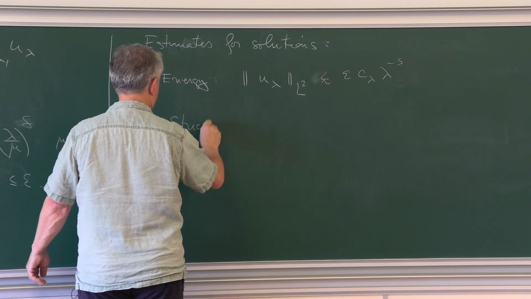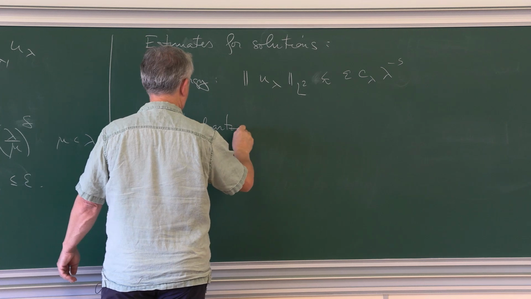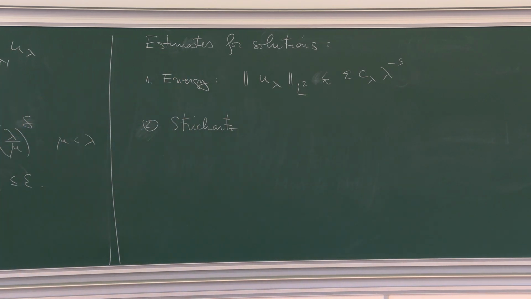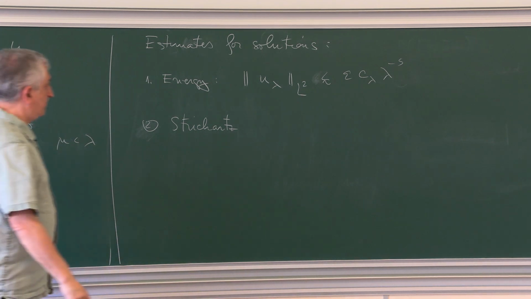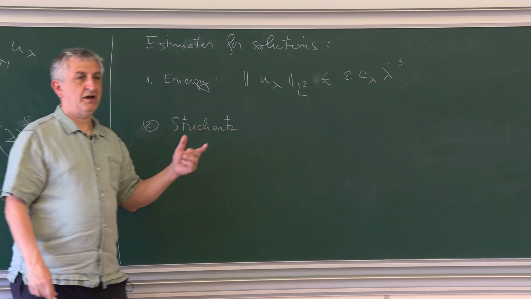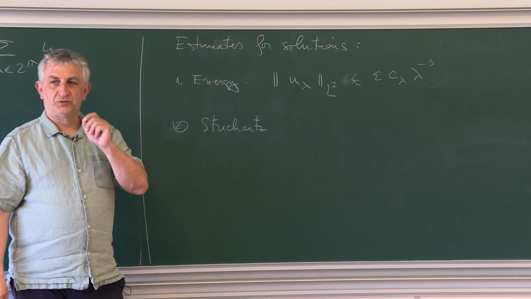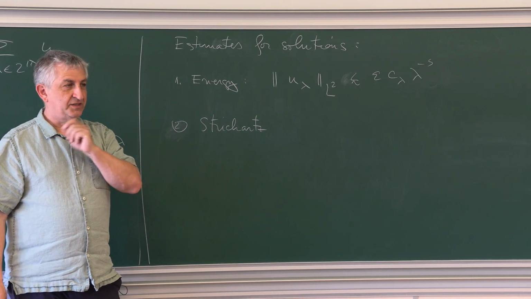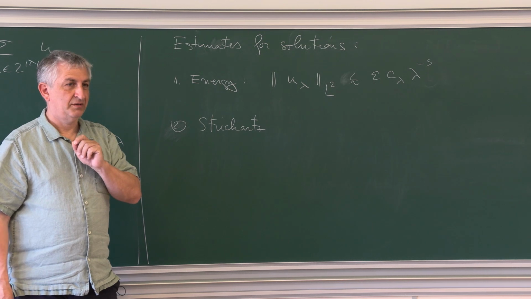Strichartz estimates. I should really put these guys at the end, but I'm putting them here because one is more familiar perhaps with this. And these Strichartz estimates in effect come in two varieties. There's one set of Strichartz estimates for the local well-posedness problem and another set of estimates for the global well-posedness problem.